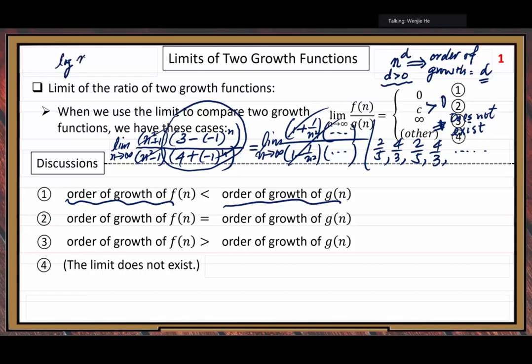Log of n, base a, we assume a greater than 1. For this log function, if you talk about order of growth, you will see there is no appropriate number you can use to represent it.